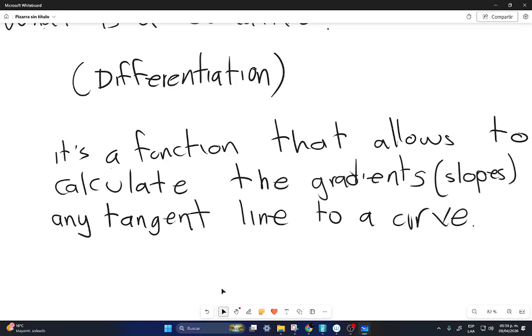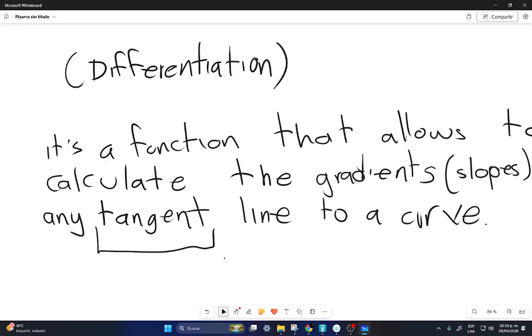calculate the gradient or slopes, which is the same thing, of any tangent line to a curve. So basically, we need to remember exactly what a tangent line is.